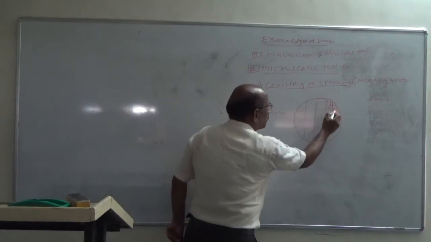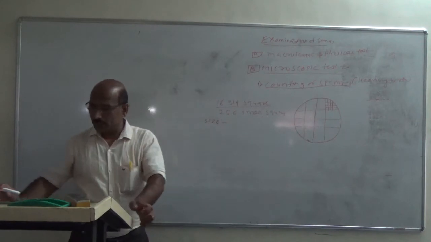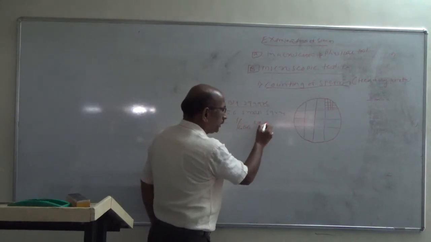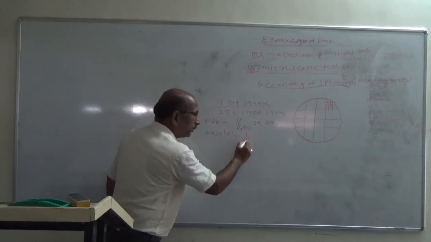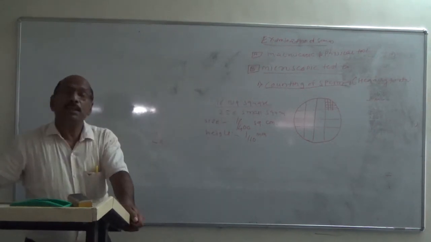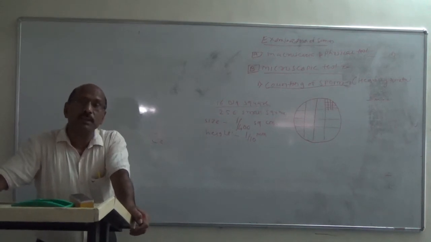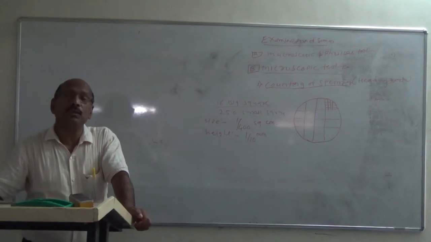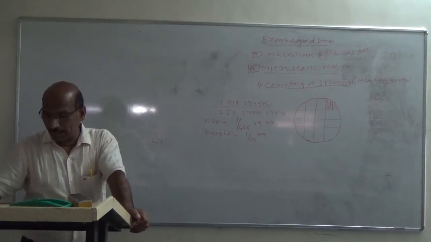The size of each small square is about 1/400 cubic millimeter, and the height of the glass cover is 1/10 mm.